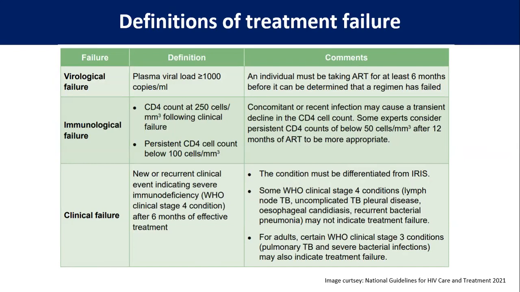And immunological failure, the CD4 count of 250 cells following clinical failure, or if the CD4 count is persistently below 100 cells per cubic millimeter, then we consider it as indicating immunological failure. However, there are certain experts who consider that a CD4 count of below 50 after 12 months of ART is more appropriate. But in the national guideline, we follow less than 100 cells after 6 months of ART.